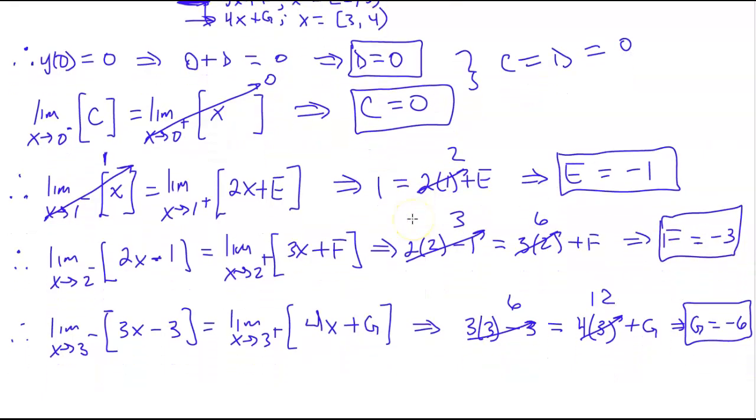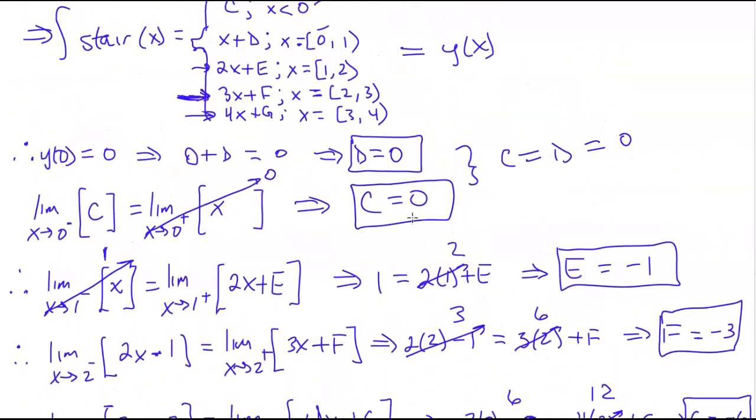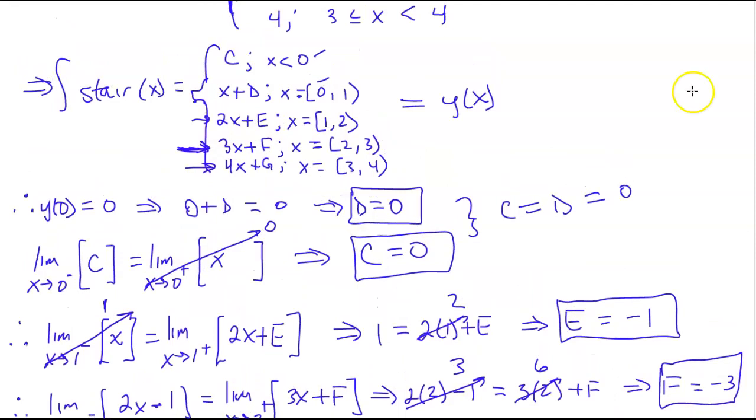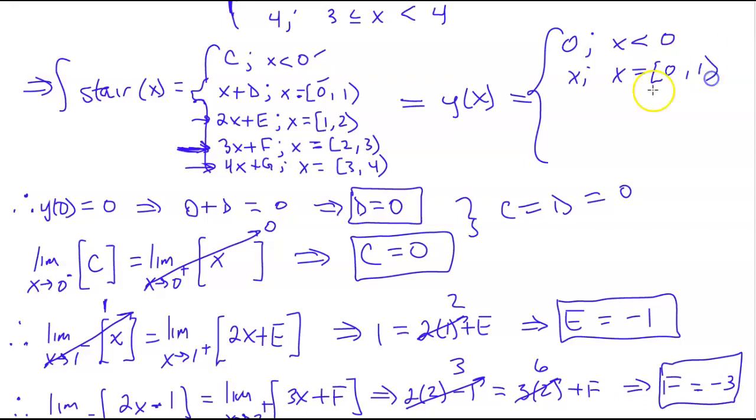Now that we have all that together, I'll come back up here and we'll actually say what our answer is. So this is going to be 0 for values of x less than 0. It's going to be x for values of x in between 0 and 1. It's going to be 2x minus 1 for values of x in between 1 and 2.